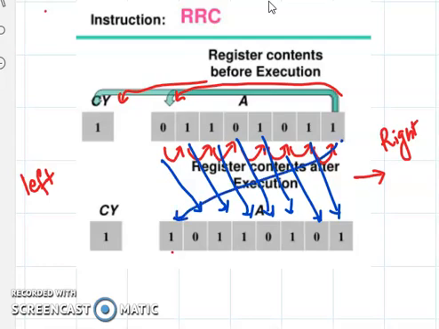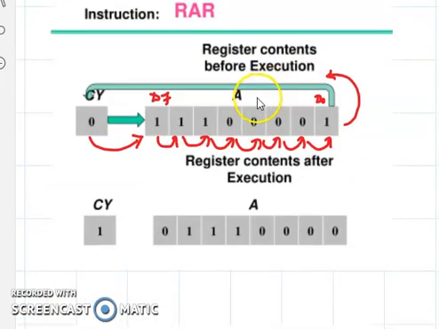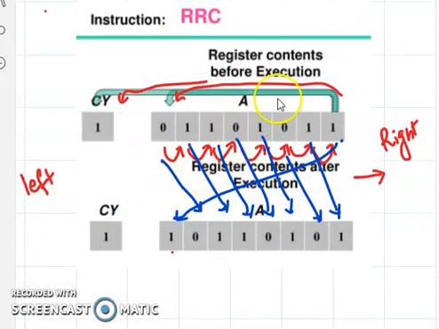So this is what we call RRC. RAR will shift the content of register towards right through the carry, whereas RRC will move the content of the register towards carry and also towards the D0 bit. So these are the four different types of instructions available to rotate.